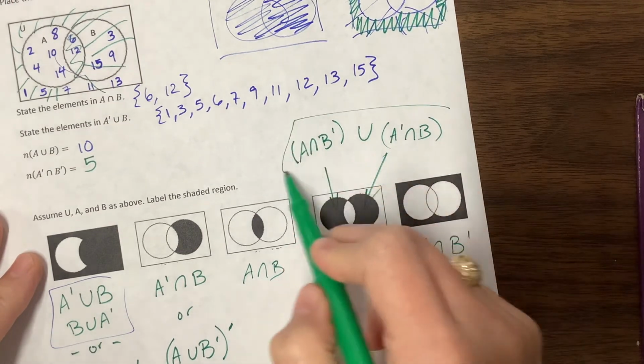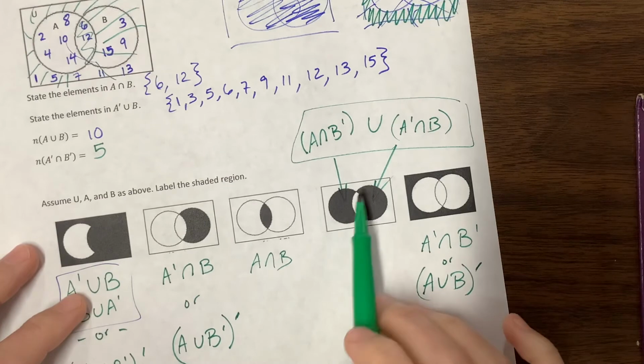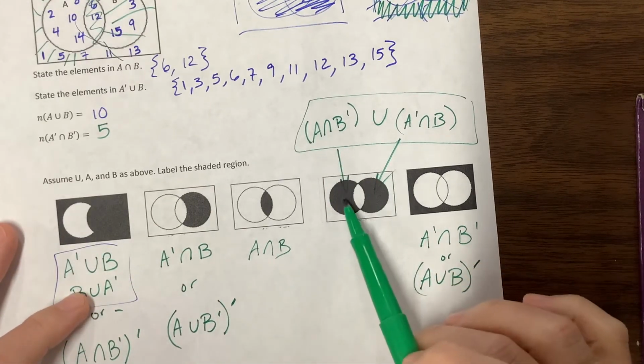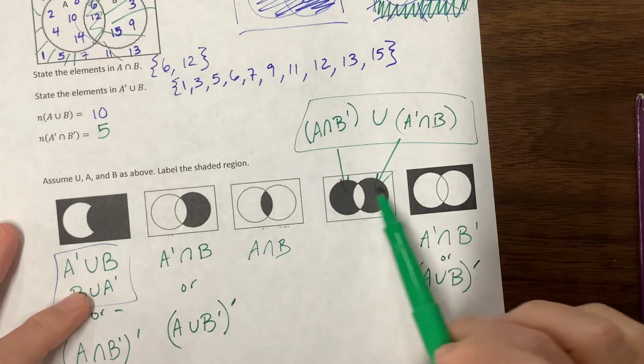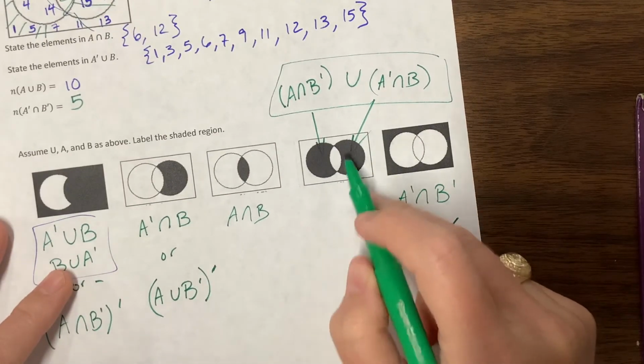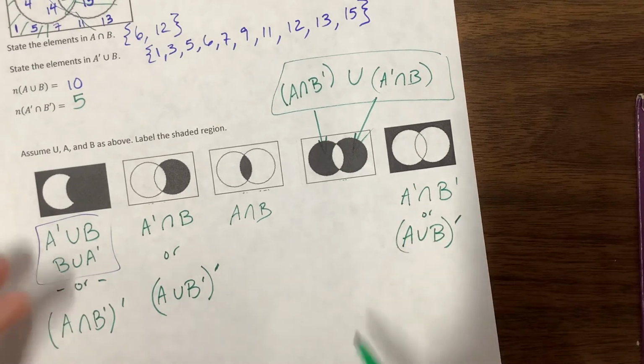So here's one way to describe that region. Hopefully we're on board. Let me know if that didn't make sense to you. I can identify this piece, and then I put them together. The other option would be to say, what's the not shaded part? What's the white part? And then we can do the negation of that.